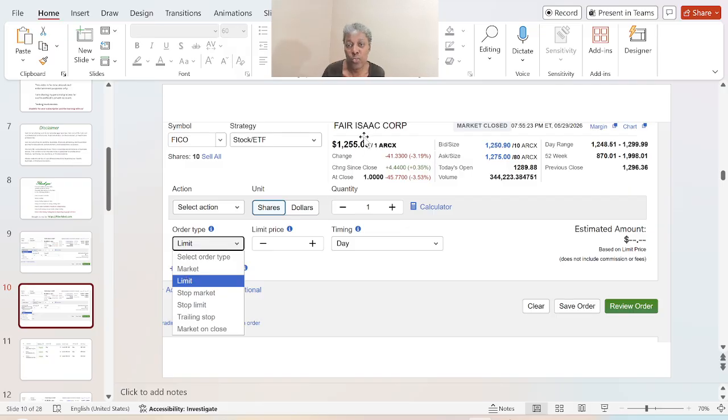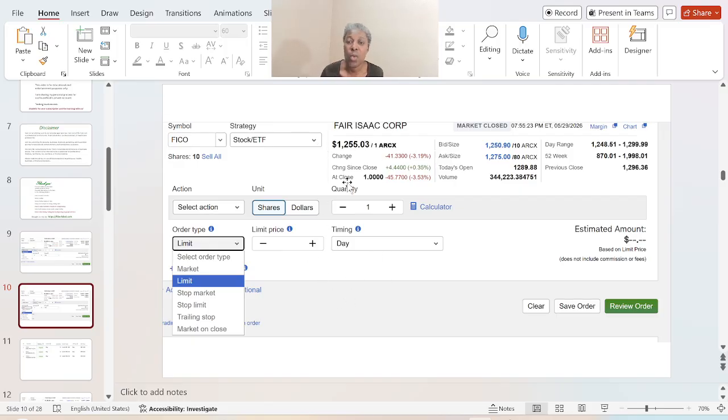I will choose the market price, but I will put a limit condition on it so that if the price goes up after I place the order, it does not buy it for me. The brokerage firm does not buy it for me, because there could be a few seconds difference between the last price and when I place the order.